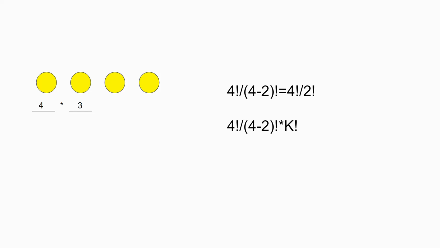Okay, so how many ways can you arrange 2 people into 2 slots? Well, there are only 2 ways, because that's 2 factorial. To get rid of all that extra people from the BA type, we can just divide by 2 factorial, which equals 2. So we get 4 factorial divided by 4 minus 2 factorial times k factorial, which currently is 2, and that's how we get the combinations formula.